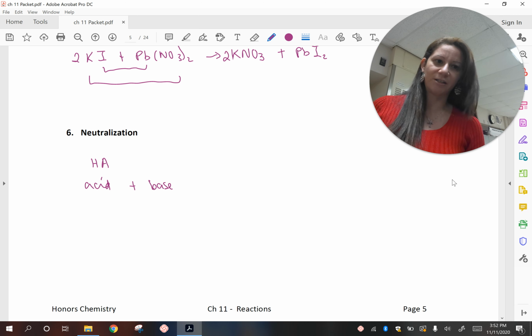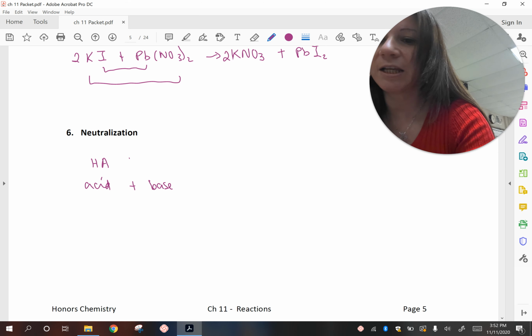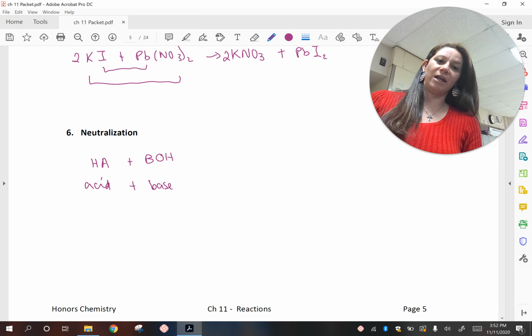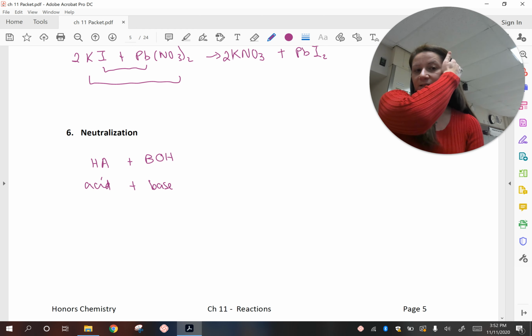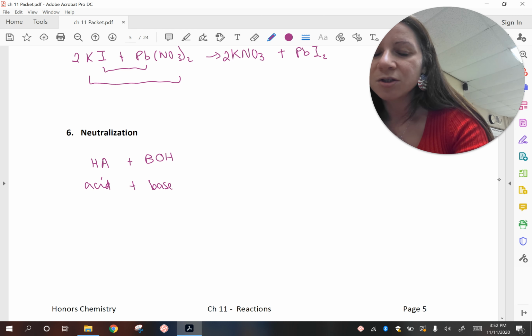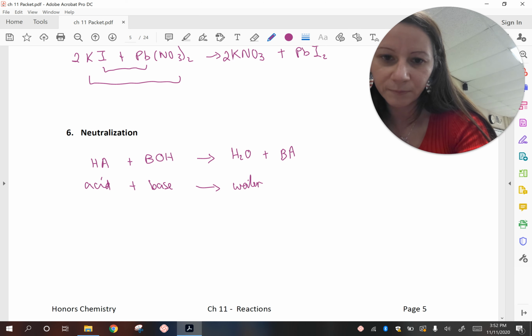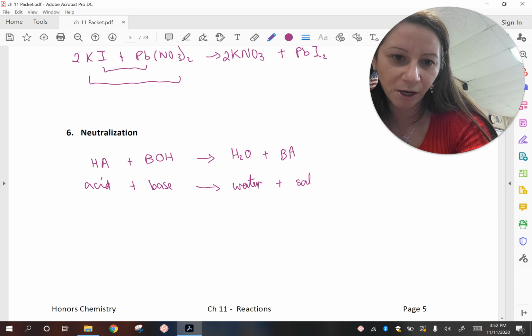There is no A on the periodic table. This is just like the A and the B that we were using before. And for the base, it's going to end with OH. That tells us that it is basic. So it's a hydroxide ion. So your products are going to be water and BA, water and salt, or an ionic compound.